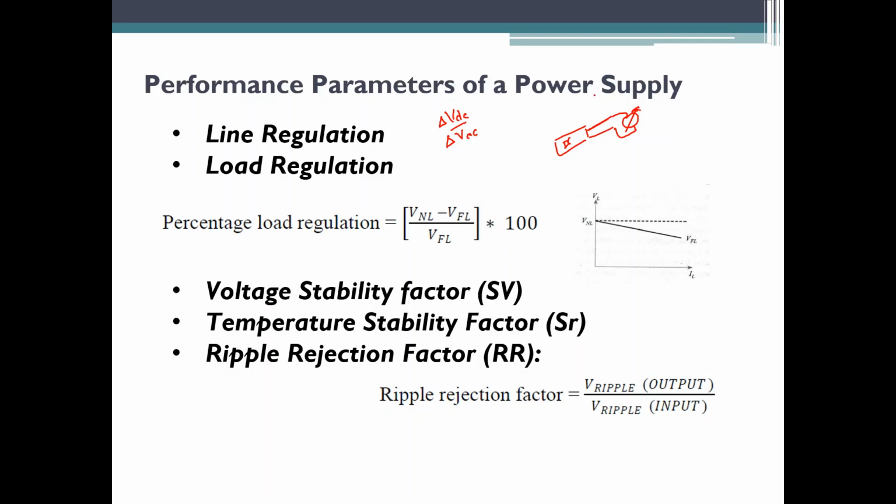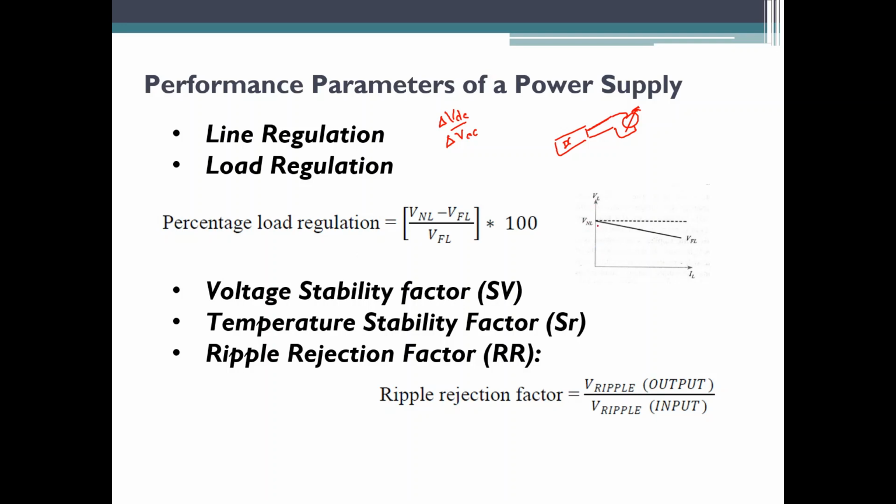Normally the load regulation is given in terms of percentage load regulation, which is the ratio of the variation in the voltage from no load to full load divided by the voltage at full load. So this is what is called percentage voltage regulation. The graph you can see here is with respect to load regulation.